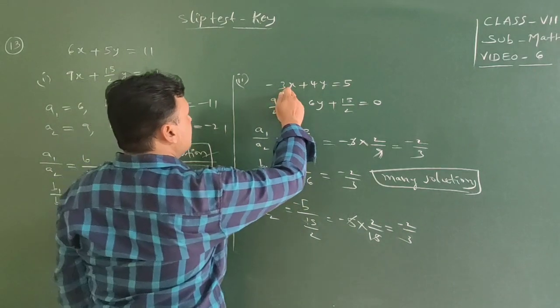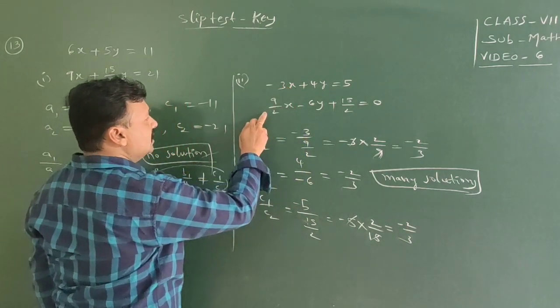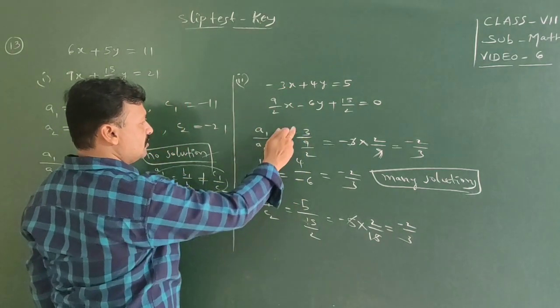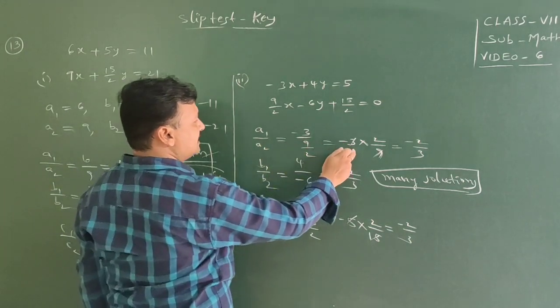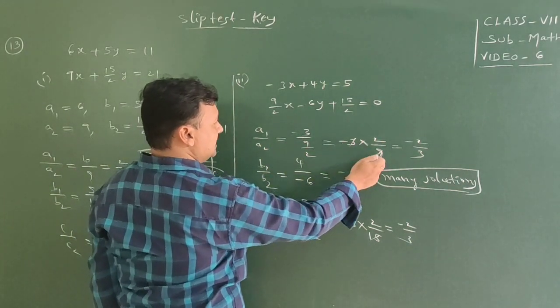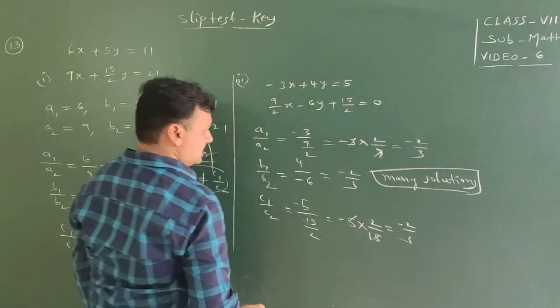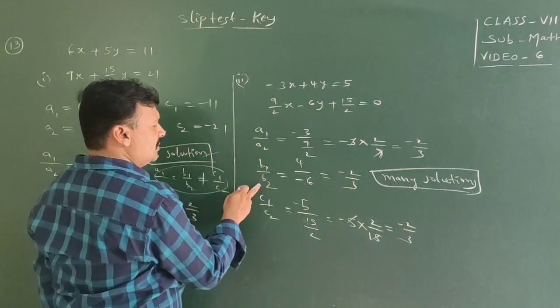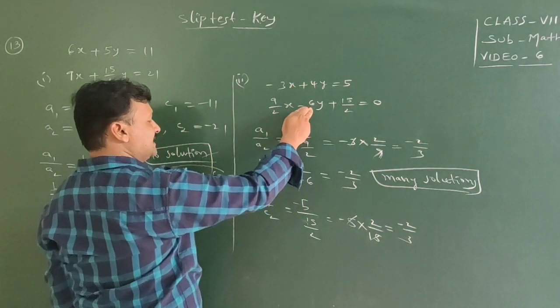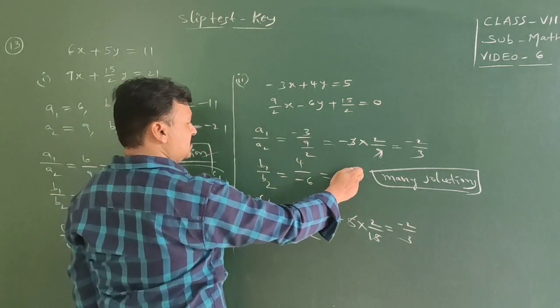That's why here A1 equals minus 3, A2 equals 9 by 2. A1 by A2 equals minus 3 by 9 by 2, which is minus 3 times 2 by 9. Here the 3 gets cancelled, giving minus 2 by 3. Here B1 by B2 equals 4 by minus 6. After simplification, minus 2 by 3.